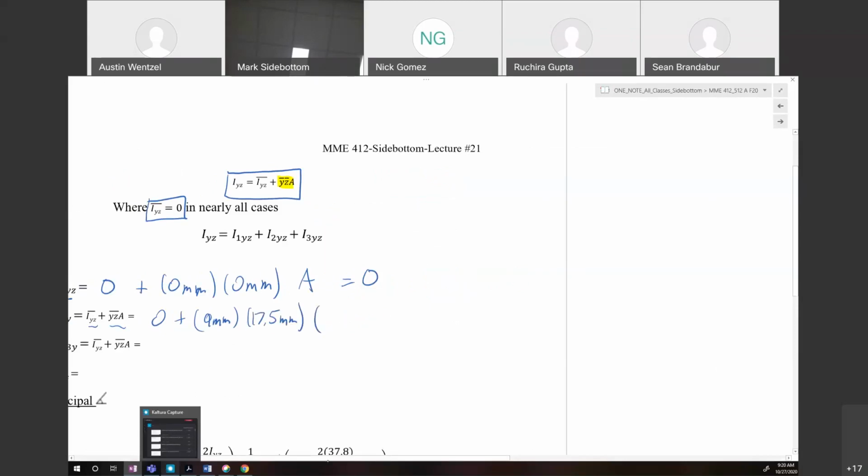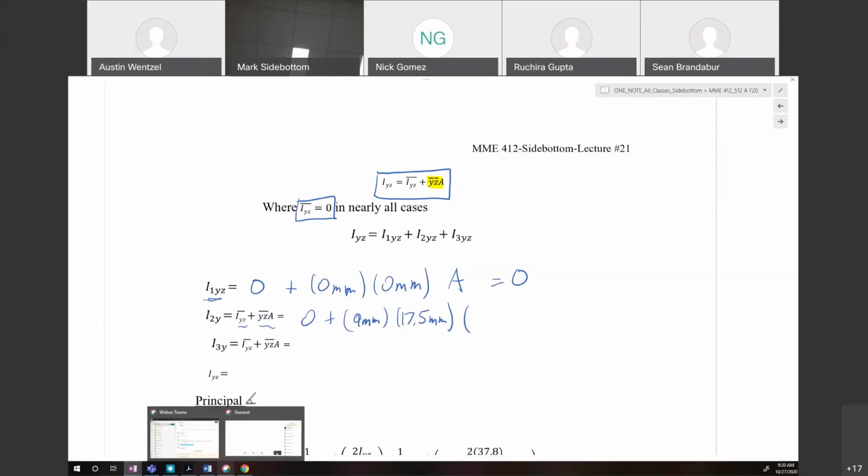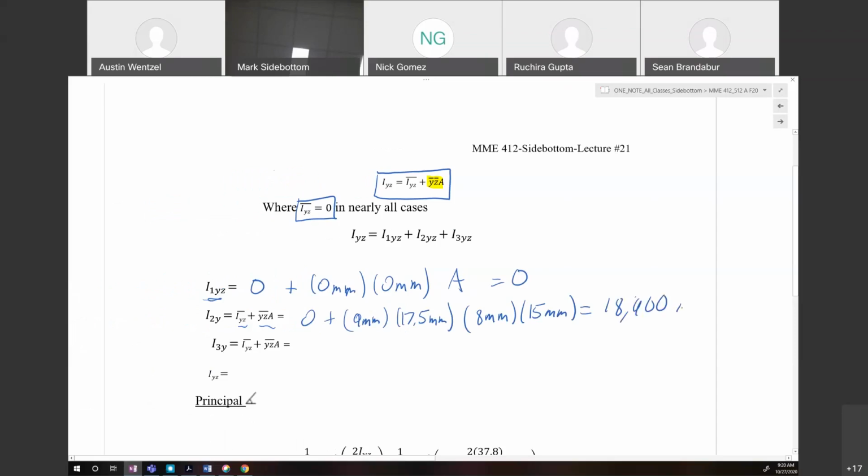Our area is going to be equal to 8 millimeters times 15 millimeters. If we multiply that all out, we get 18,900 millimeters to the fourth. Right. Then I have a question about where any of these numbers came from.